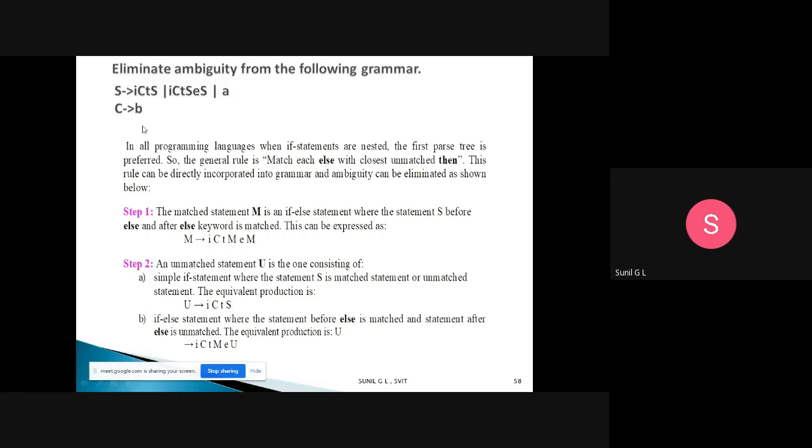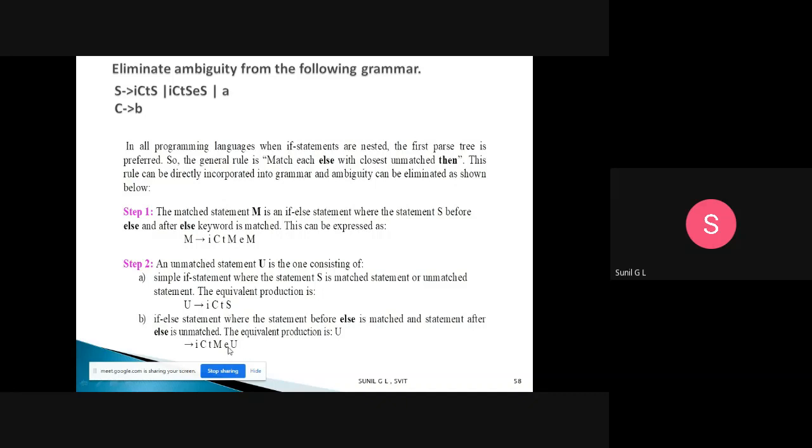Then this production you will make as one simple if statement: if condition then statement S. For that you use one non-terminal U. Then you can take the if-else statement with matched or unmatched statement: if condition is true, then matched statement, else unmatched statement. In that you can replace with this I C T S. At that time also we won't get a dangling else.